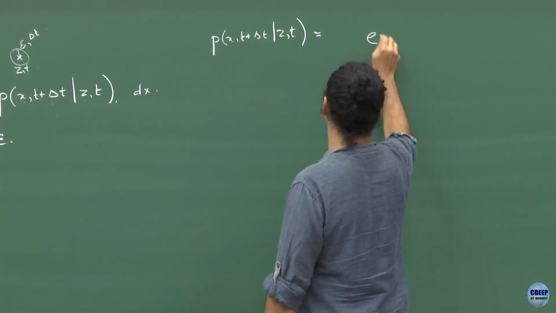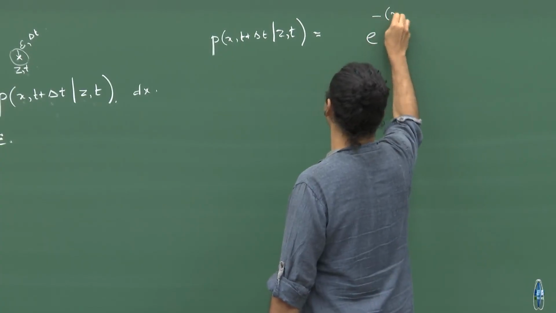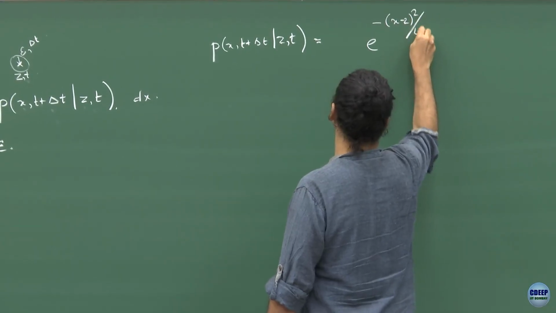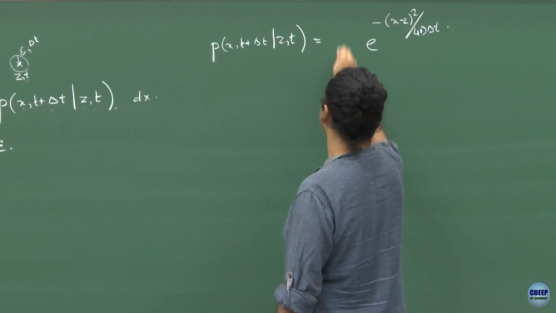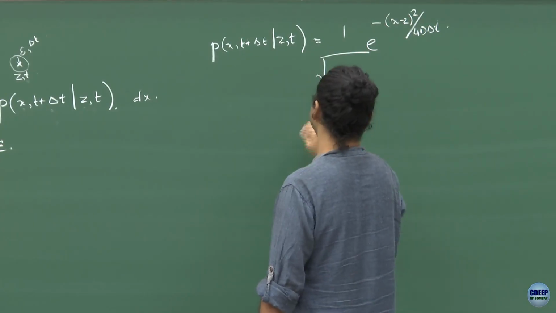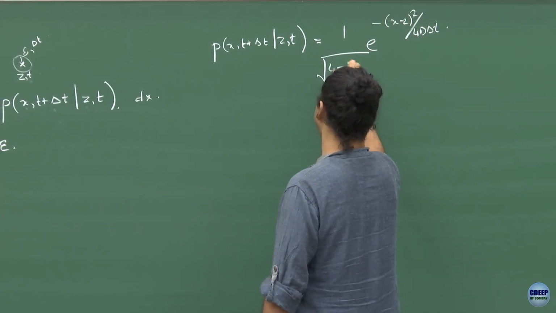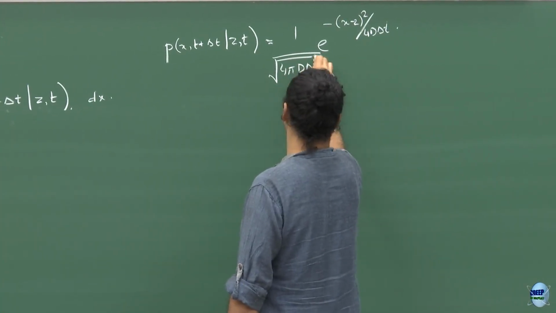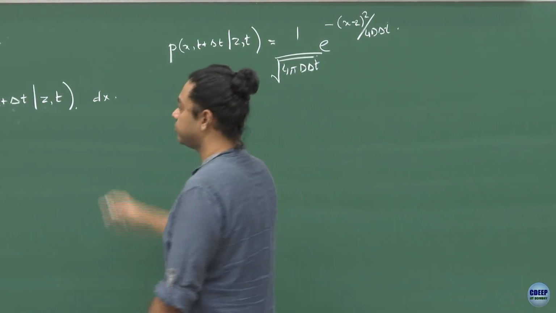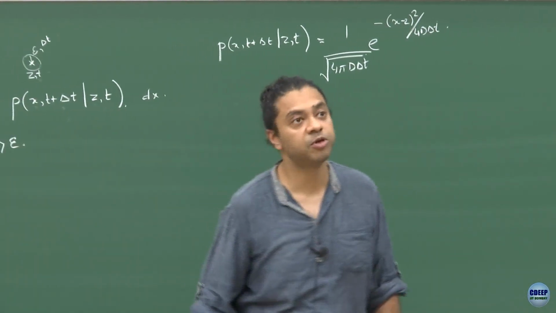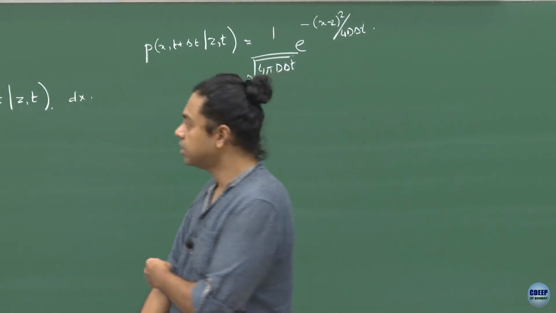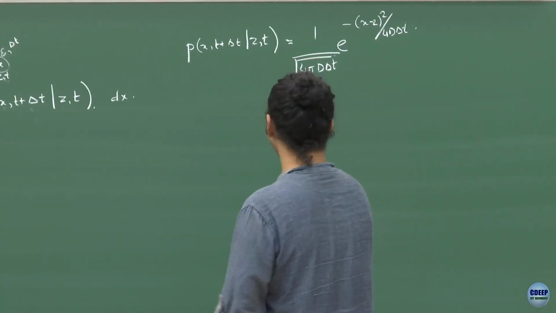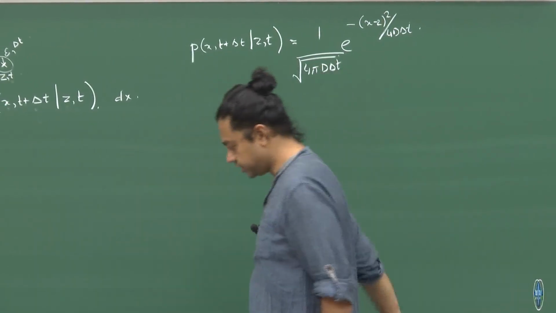So, this is 1 by square root of 4 pi D delta t, times e to the power of minus (x minus z) whole square by 4 D delta t. Remember we are talking about a diffusing particle, so I know the probability distribution because we have solved the evolution equation for the probabilities. Alright. So, then it is a question of simply plugging this probability over here and evaluating this integral.